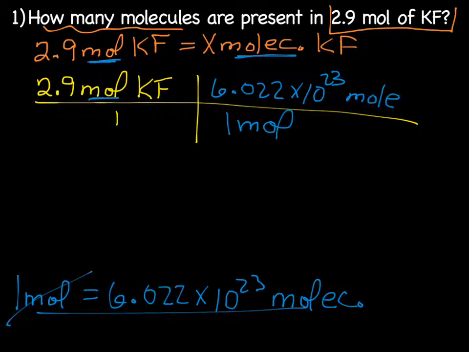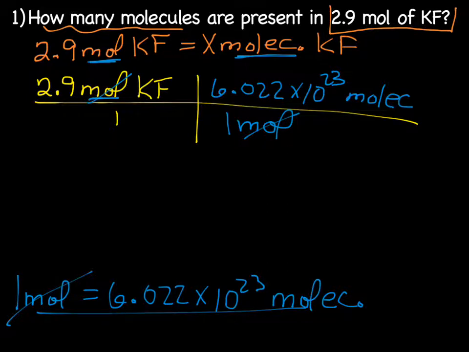And now, let's double check. Did we set this up right? We cross out that mole and that mole. We're left with molecules, which is what we wanted to find in the problem. So now we multiply across the top and across the bottom and then divide. So let's see, 2.9 times 6.022 times 10 to the 23rd.